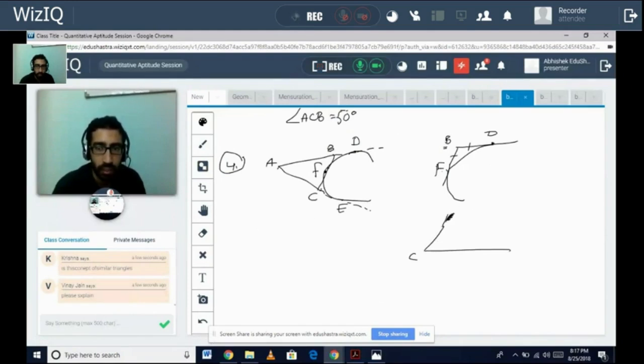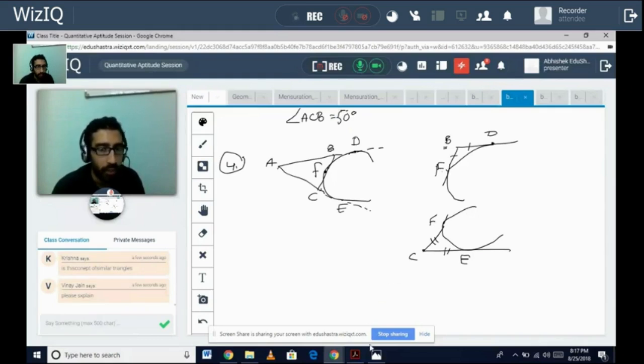This is C, you have F here, and the circle then touches E. Isn't C again an external point, and CF and CE are tangents, so they'll be equal? Yes, CF will be equal to CE.